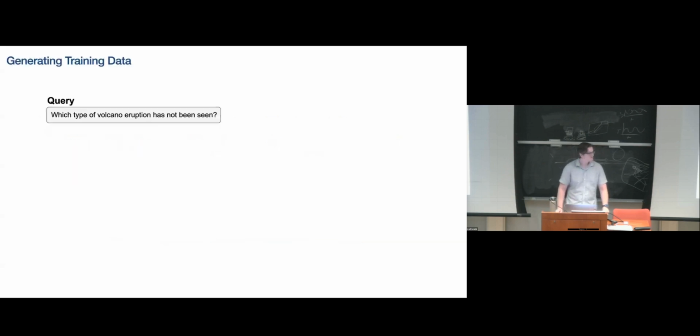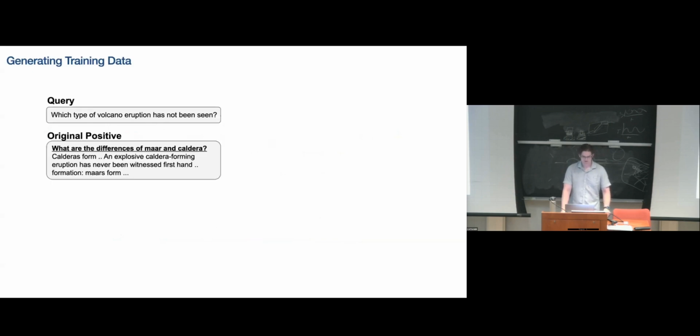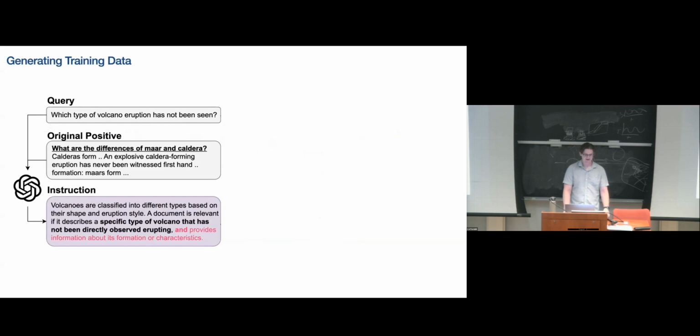And so what we did was we gathered training data specifically for this. Along with the query and the original positive document, so these are from MS MARCO, a really big standard retrieval training corpus, we then had an LM generate a synthetic instruction that adds some more specificity to this query. So here it also talks about a type of volcanic eruption that has never been seen, but also asks for information about its formation or its characteristics.